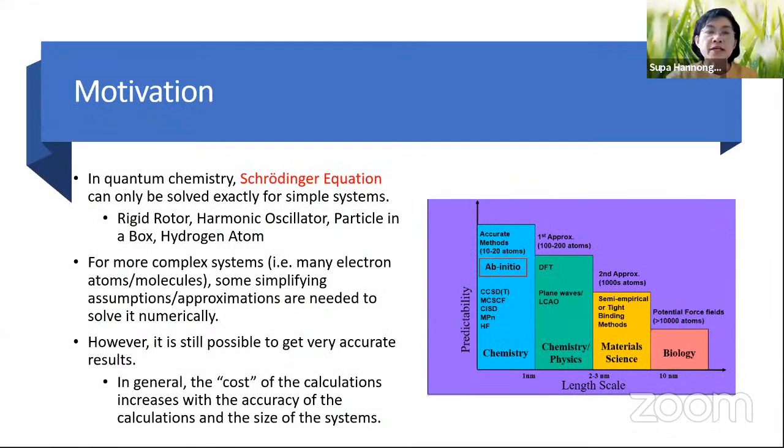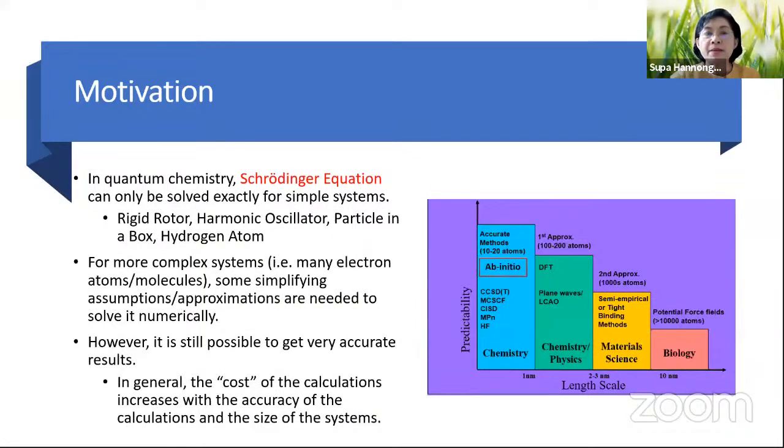Before I go into details of the basis set, I would like to remind you a little bit that quantum chemistry is almost 100 years of theory. The main aim of quantum chemistry is to try to solve the Schrödinger equation. However, although this equation is very, very important, it can be solved only for some simple systems.